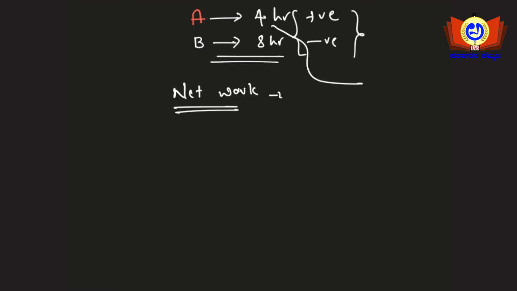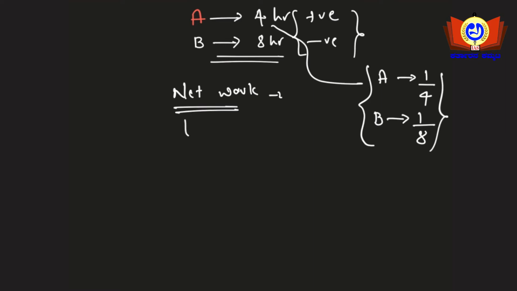In 1 hour, the part of the tank filled by pipe A will be 1 by 4. Similarly, pipe B can empty 1 by 8 in 1 hour. So what is the net work done in 1 hour? So 1 by 4 minus 1 by 8. Got it?